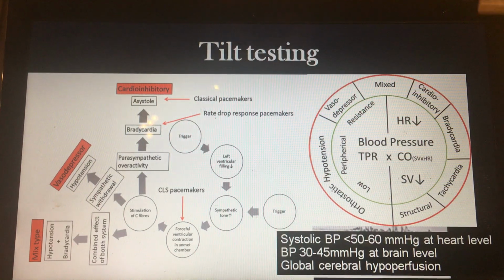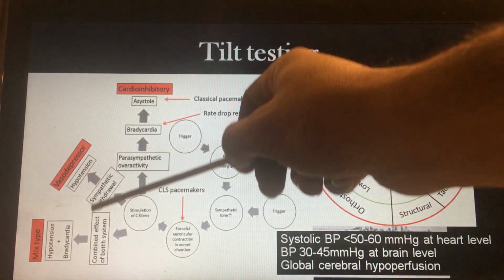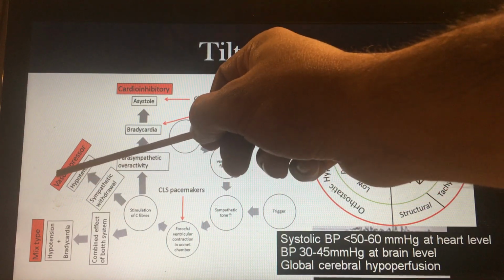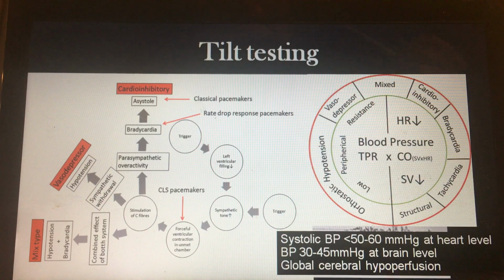In the second arm, you can see hypotension due to sympathetic withdrawal, and this is called vasodepressor type reflex syncope. In the last arm, the combined effect of both sympathetic withdrawal and parasympathetic overactivity causes global cerebral hypoperfusion, and this response is called mixed type.